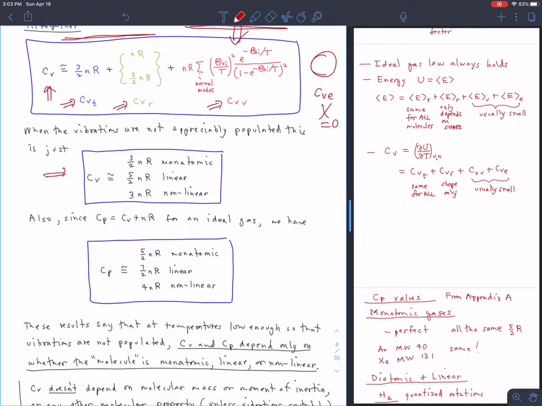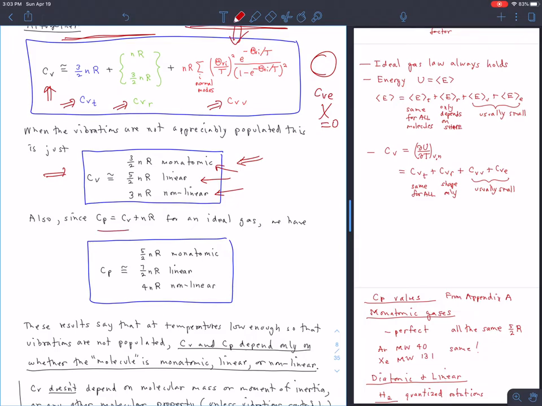And so, once again, the heat capacity only depends on the shape of the molecule. It's 3/2 nR for monatomic ideal gases, so for noble gases, basically argon, helium, xenon, and so on. It's 5/2 nR for linear molecules, and it's 3 nR for nonlinear molecules.